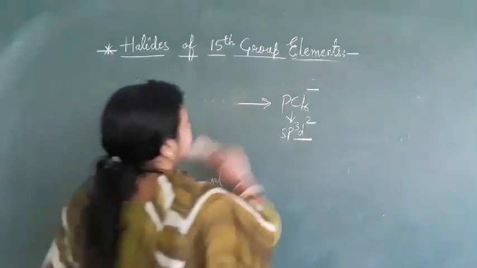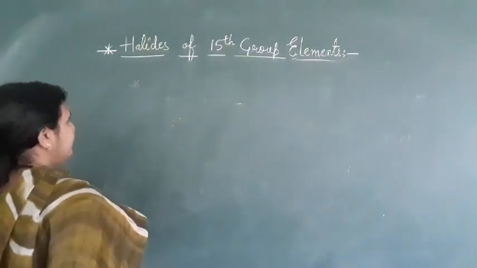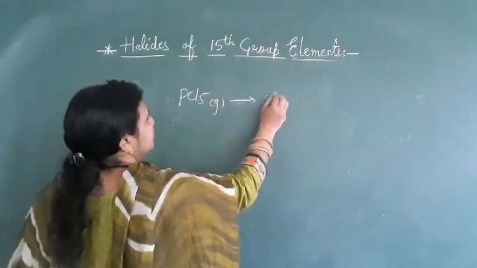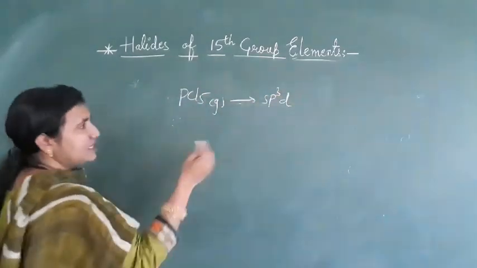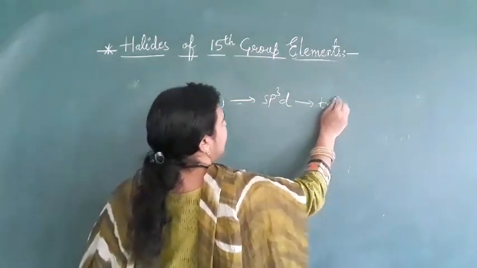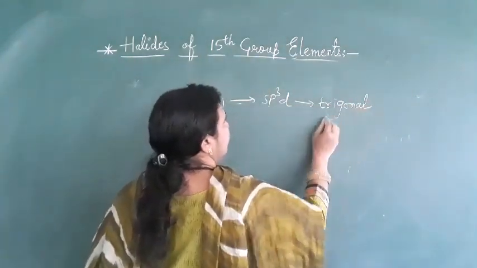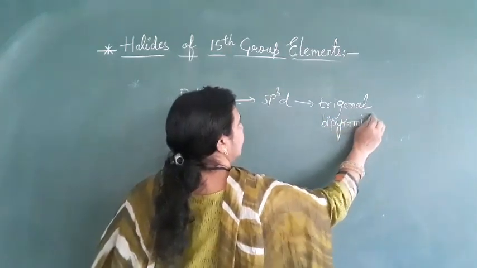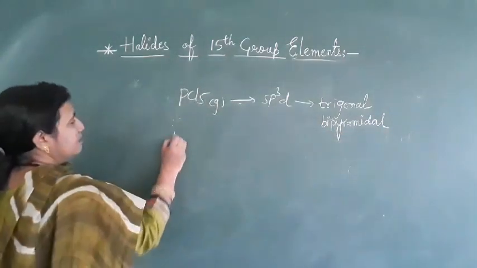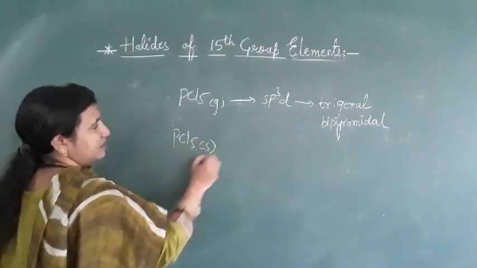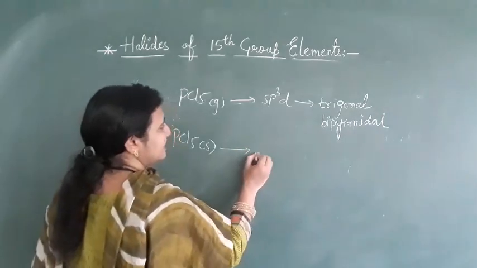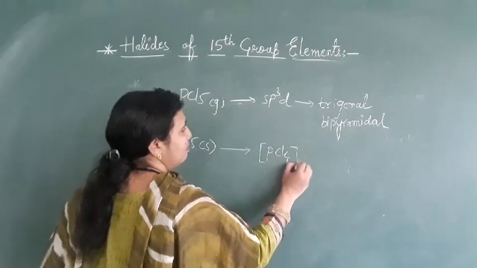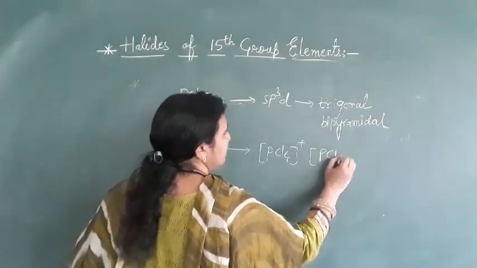PCl5 in the gaseous state has sp3d hybridization and trigonal bipyramidal shape. PCl5 in the solid state exists in ionic form, as PCl4 plus and PCl6 minus.